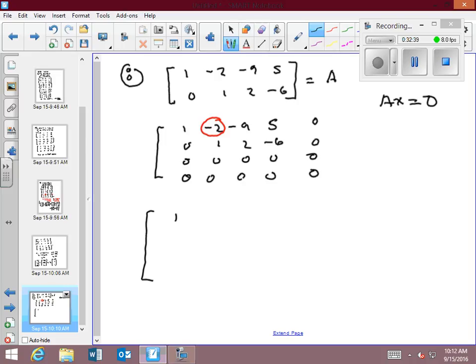So we go 1, 0, and I'm multiplying the bottom row by 2 and adding it up, so it's minus 5.